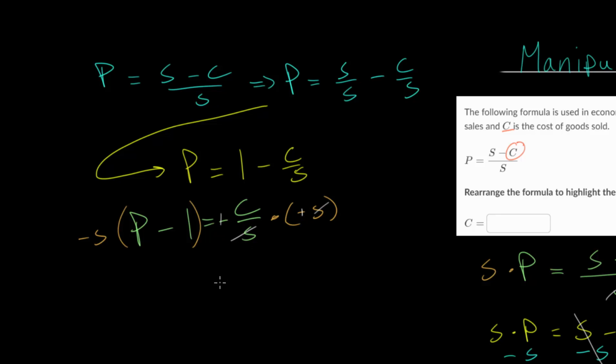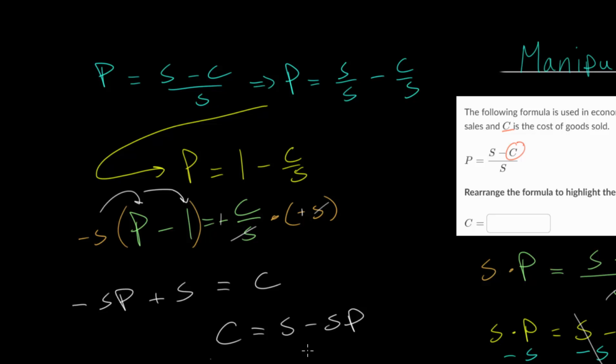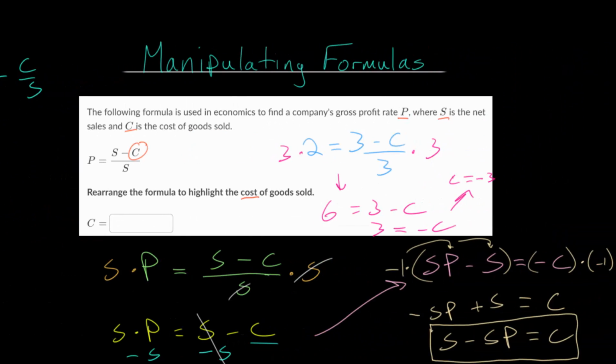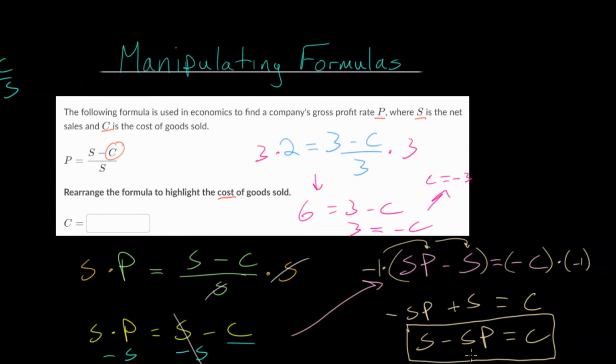So we would end up with just positive C. On the left-hand side, we would distribute the negative S. We would get minus SP, and then negative 1 times negative S would be positive S. But that's exactly what we found using the other method. In fact, if we rewrite this as C is S minus SP, we can see that that's exactly what we found here.